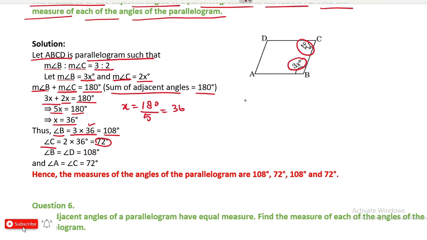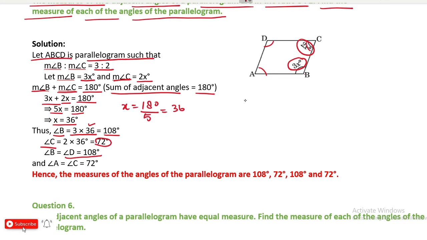Here we use the properties of opposite angles. Then angle D is equal to angle B and angle A is equal to angle C. Angle B is equal to angle D. The value of angle B is 108. Then the value of angle D will be 108.